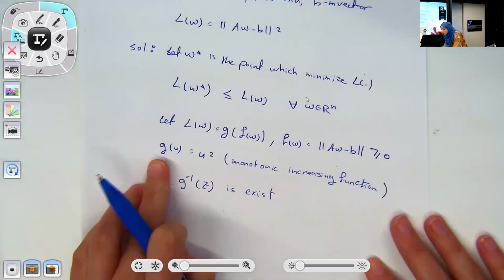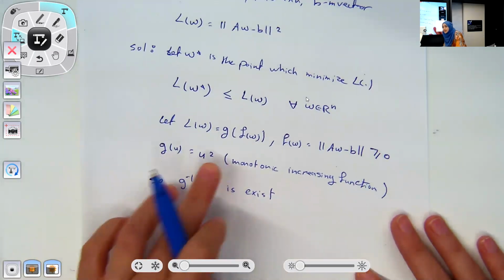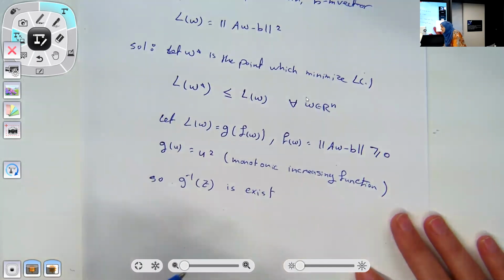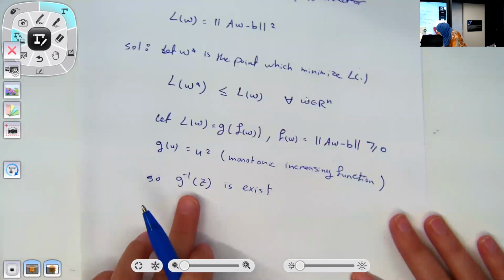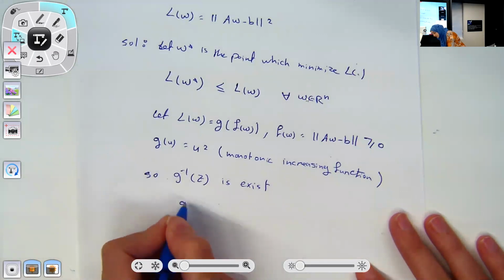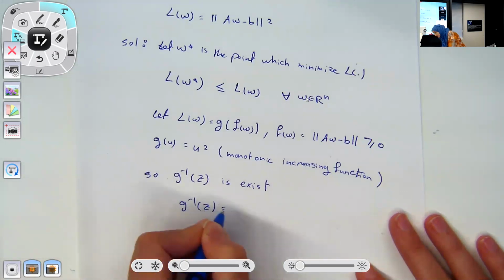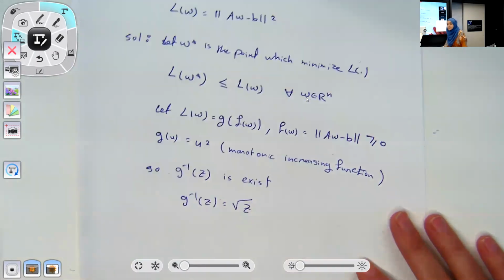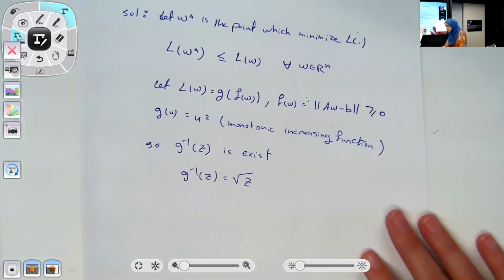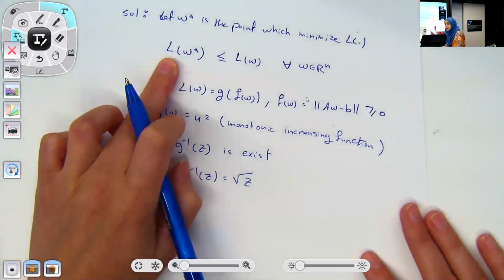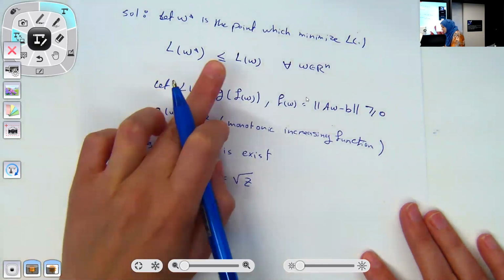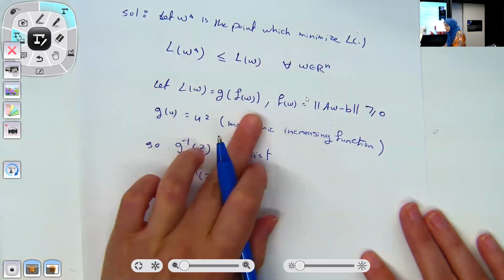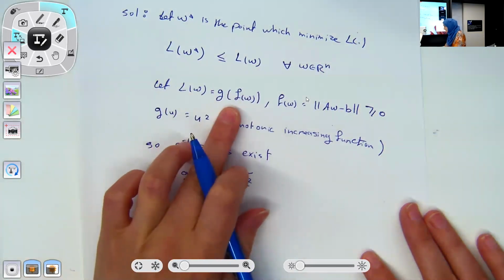Because here G of u equals u squared, the inverse of this function is the square root. So G inverse of z equals the square root of z. Now let's try to substitute here L of omega star less than or equal to L of omega. We need to substitute by using this formula.